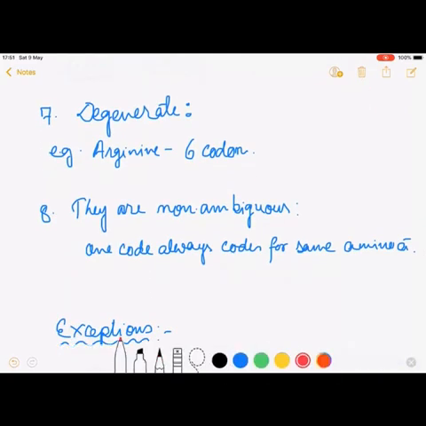Degenerate means, you can see, there are A, adenine, guanine, cytosine and thymine. In place of thymine you can say uracil, because we see the genetic code in case of mRNA.